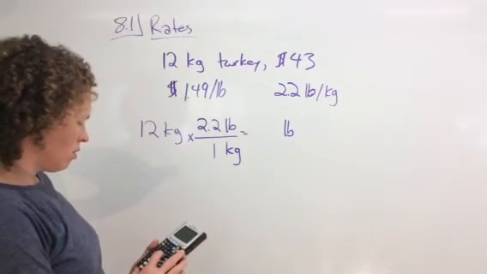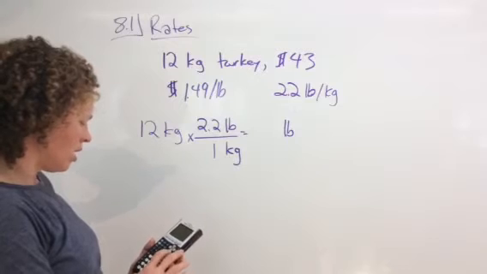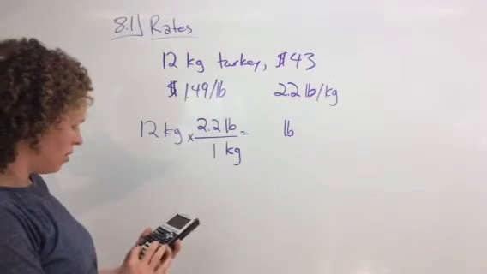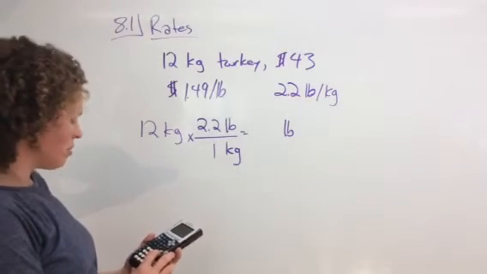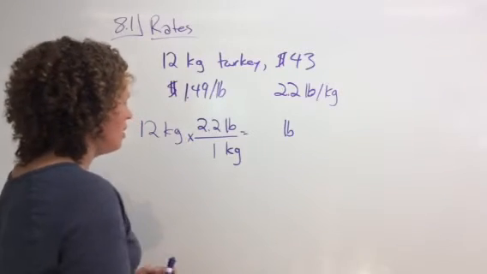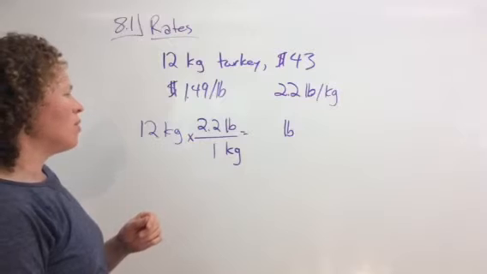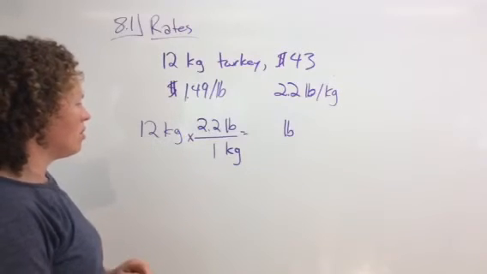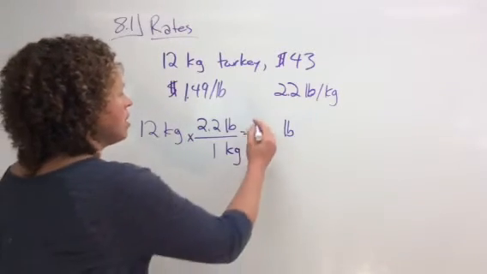So I'm going to go into my calculator, and it doesn't really matter what kind of calculator you use. You don't need one of these fancy ones. I'm just going 12 times 2.2, and I get 26.4. 12 times 2 is 24, so it makes sense that 2.2 is just a little bit bigger at 26.4.